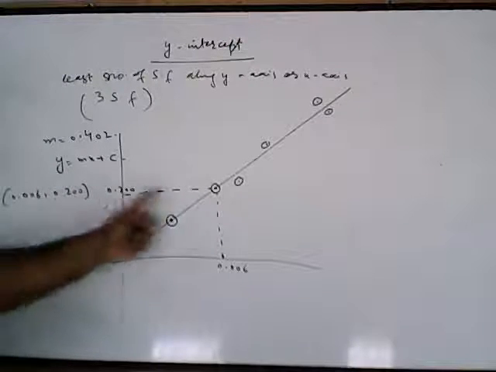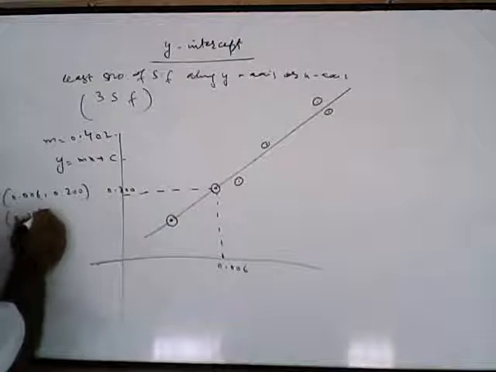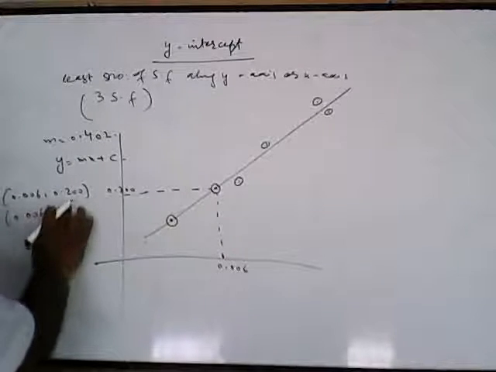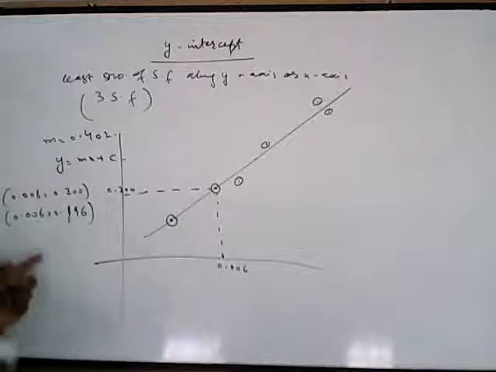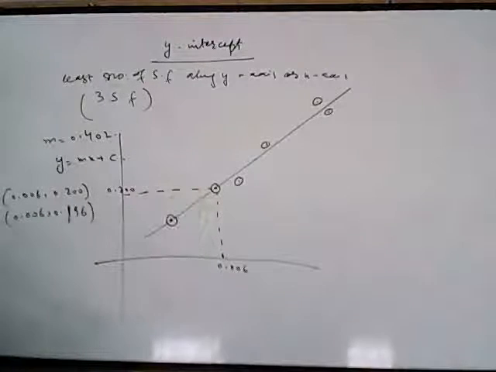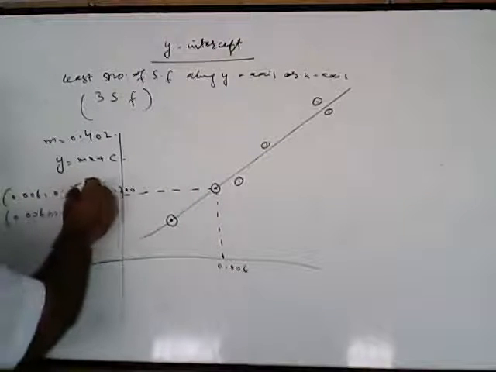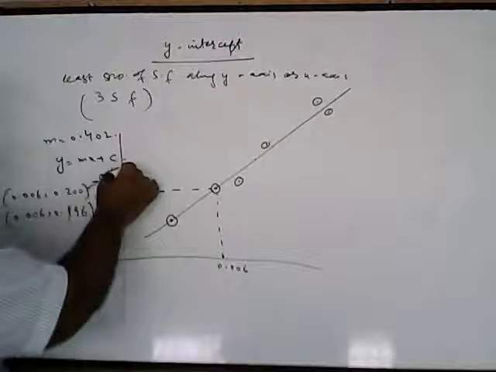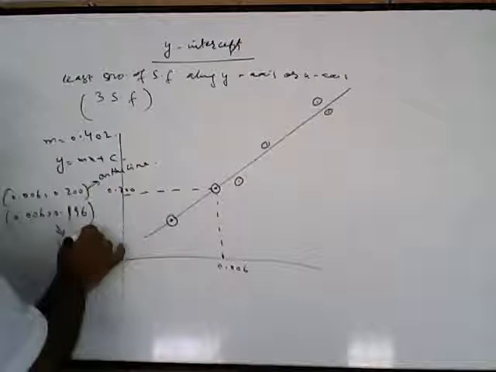Now on the graph this is 0.20, but suppose in the table this was the point. When you plotted it, you plotted 0.200 and in the table this was different. So now this is on the line and this is in the table, although it appears to be the same.